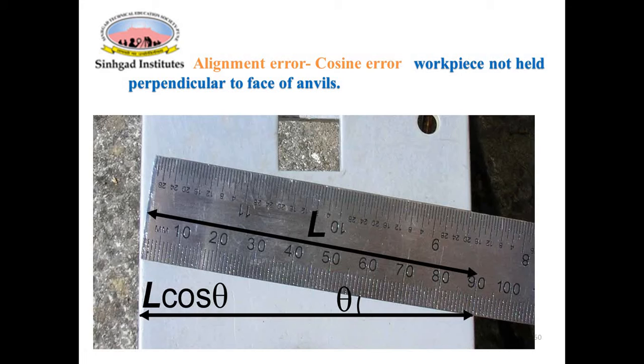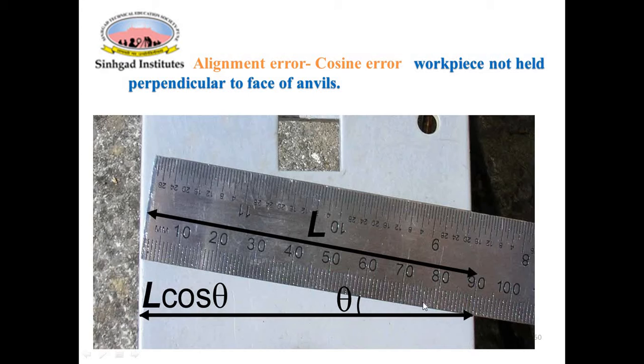What is Abbe's principle? Abbe's principle states that the line of measurement of the component to be measured should coincide with the measuring scale or axis of the measuring instrument. So that is the statement.